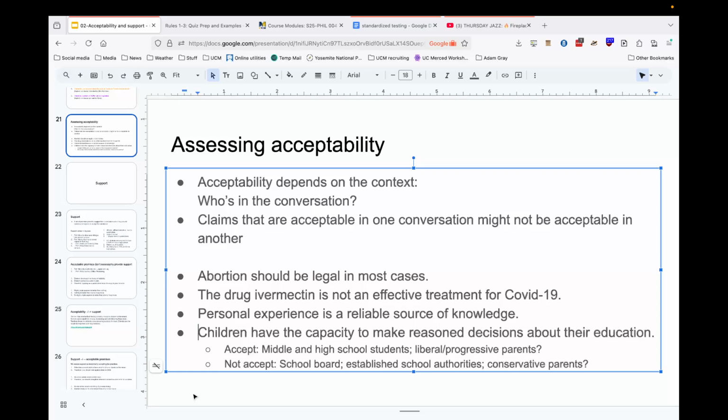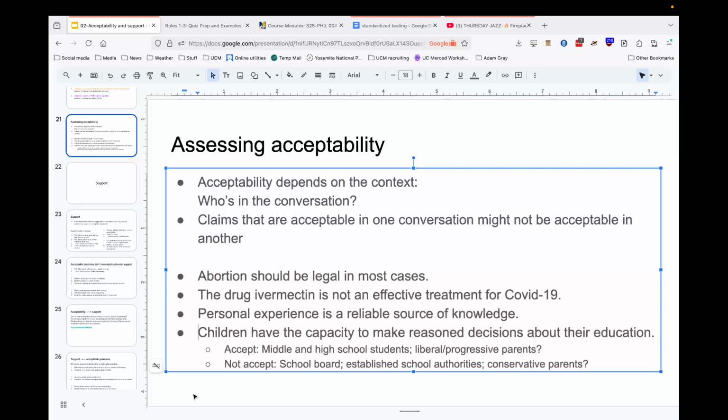Children have the capacity to make reasoned decisions about their education. We said that middle and high school students and what we might call liberal or progressive parents would probably accept this claim, while school boards, established school authorities, more conservative parents, probably wouldn't accept this claim.